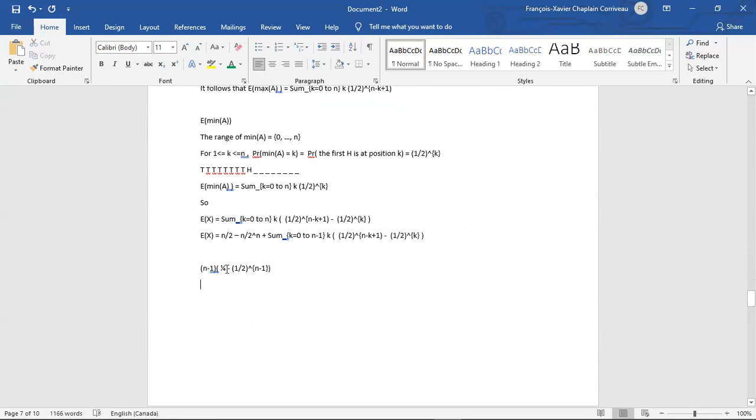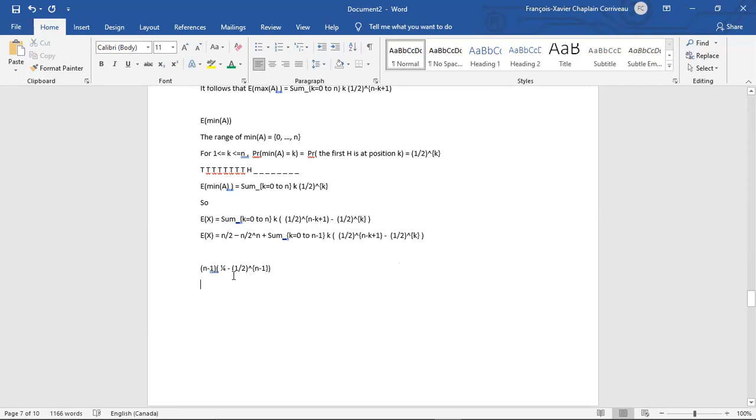This term that I'm getting every time converges to 0. Whatever I multiply, if I put n minus 1 times here, I will still converge to 0. This thing is huge. So if I multiply by n minus 1, I still converge to 0. Okay, so the idea is to work on this first term here.